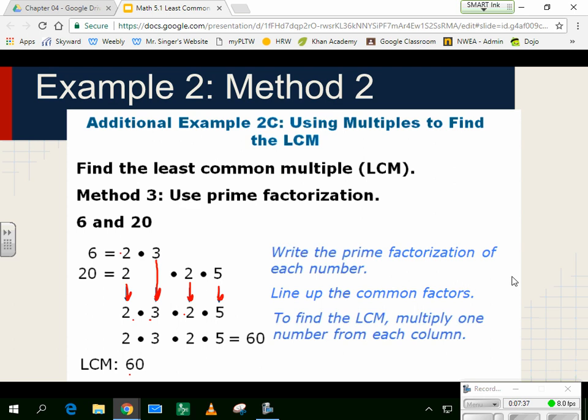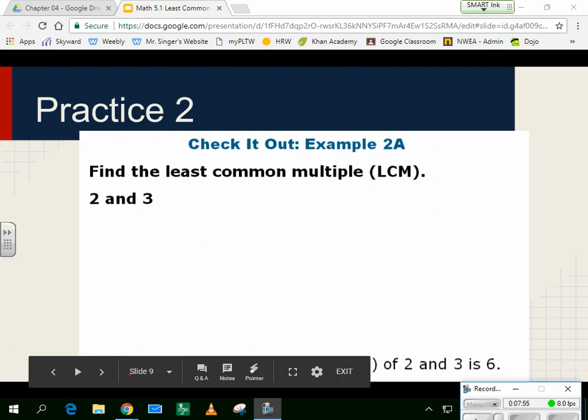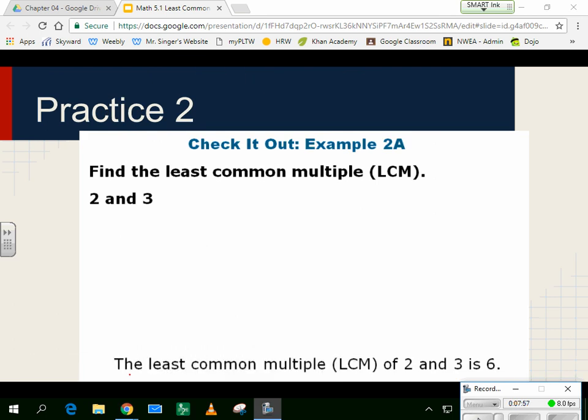Again, you could find that just by listing all the multiples until you see they both have 60. This may be a faster method. It's up to you. Now that we've gone over two different types of methods, let's put these into play with some practice problems that you're going to do. We'll start out with a simple one.